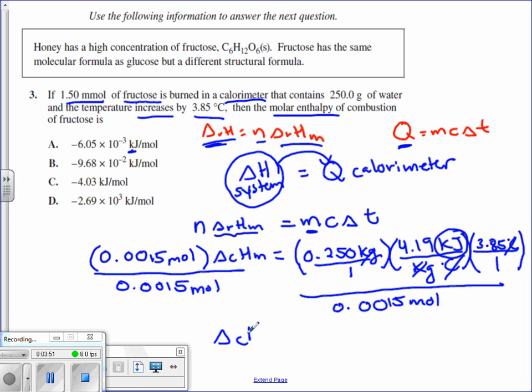So I get a molar enthalpy of combustion equal to 2,688.58. If we put this in scientific notation, we'll move it 3 spaces over, and this 8 will round up to a 9. So I get 2.69.